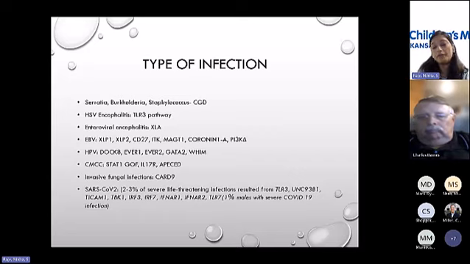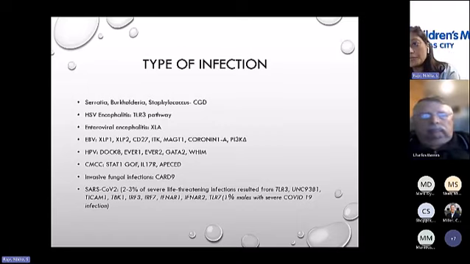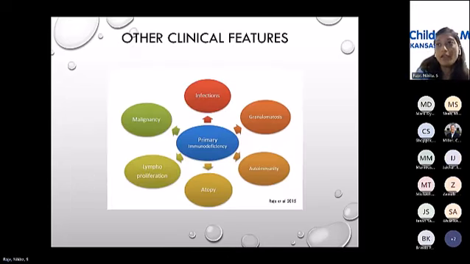We realized that there were several IEIs that predisposed some of these patients to SARS-CoV-2. Life-threatening infections resulted from TLR3 defects. Some of the defects mentioned here are in that pathway, or interferon alpha receptor defects that have been associated with SARS-CoV-2.